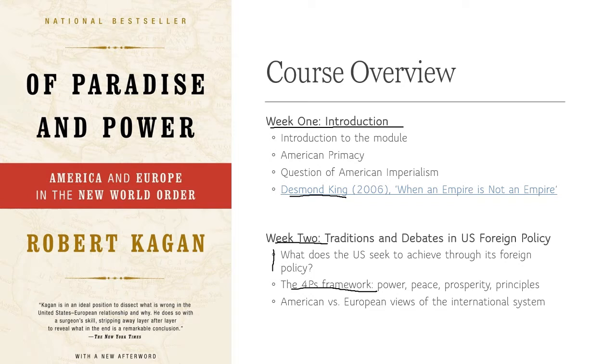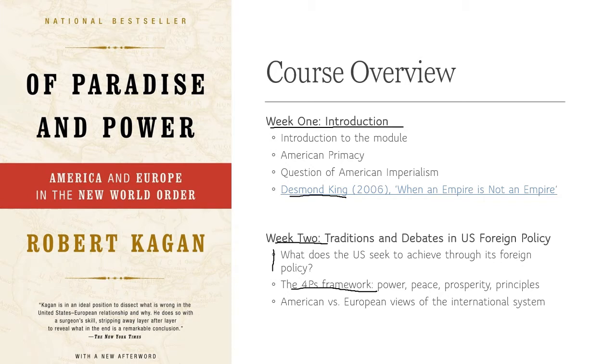It works through the ways in which America seeks prosperity, and we also look at American principles and the way in which the United States seeks to export a certain number of ideological principles, most notably, however, democratic liberalism. In many ways, this week is really quite important as it provides a structured way of thinking about what US foreign policy and US power is essentially for.